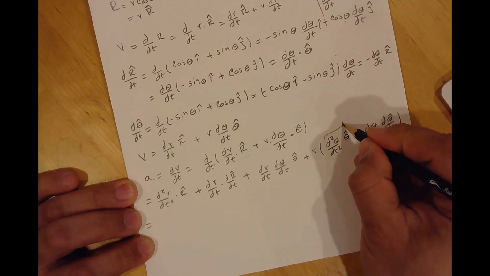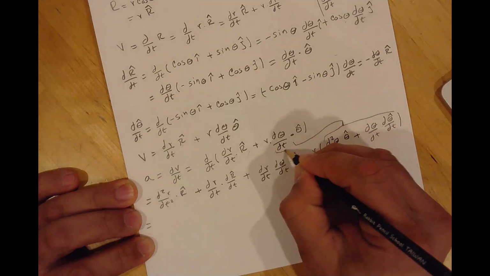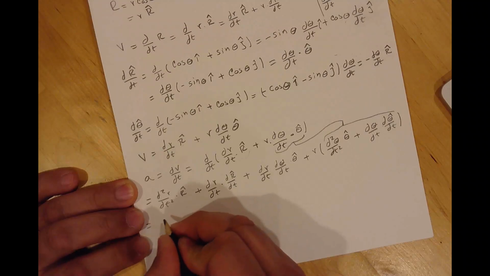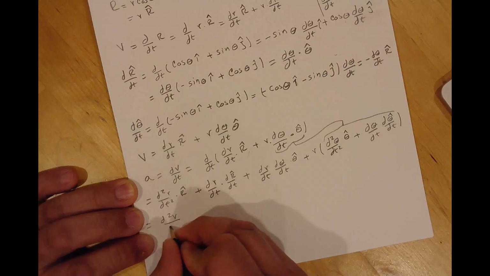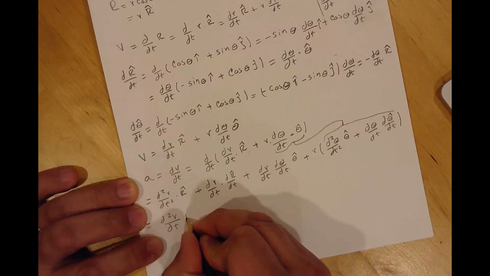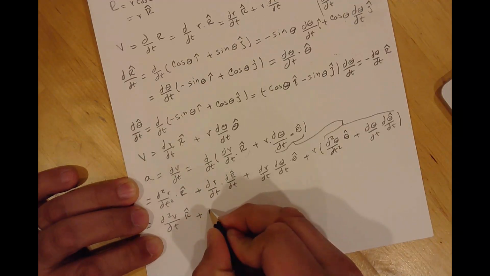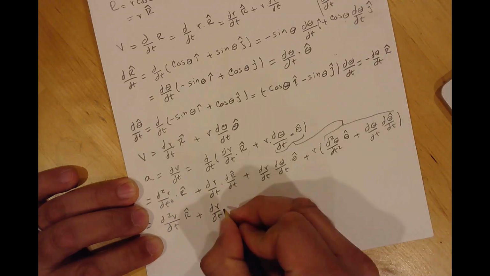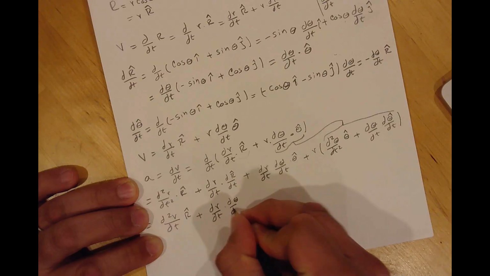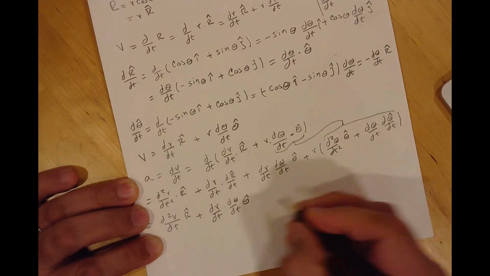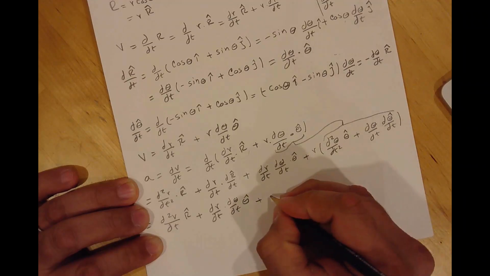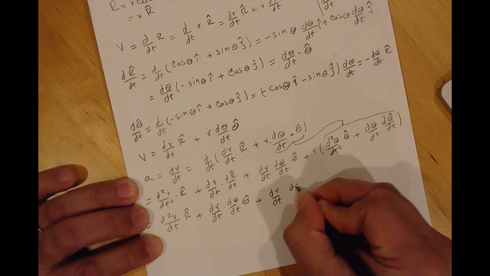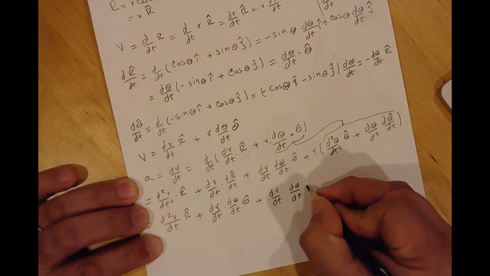We have the second derivative of r, plus the derivative of r, the derivative of theta dt, remember this, plus the derivative of r dt, the derivative of theta dt of this one.